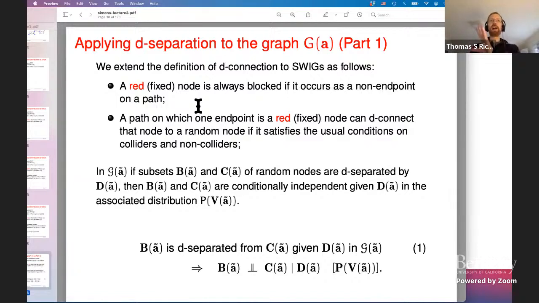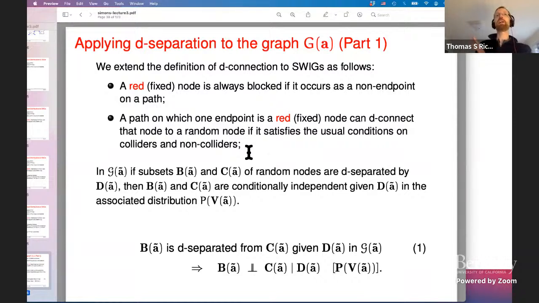Okay? But for now, on this slide, I'm going to think about paths that start at a random node, end at a random node, and don't pass through any fixed nodes. So if it's a fixed node and it's in the middle of a path, it's a non-endpoint, then that path is automatically blocked.